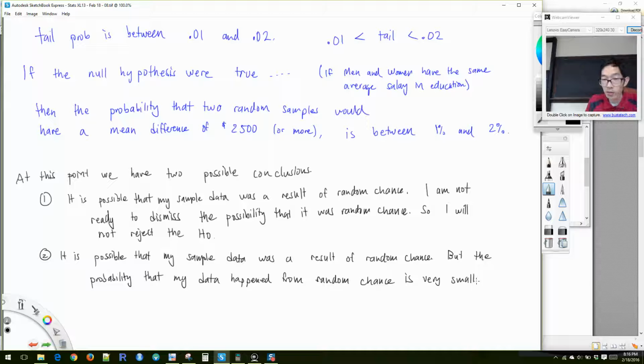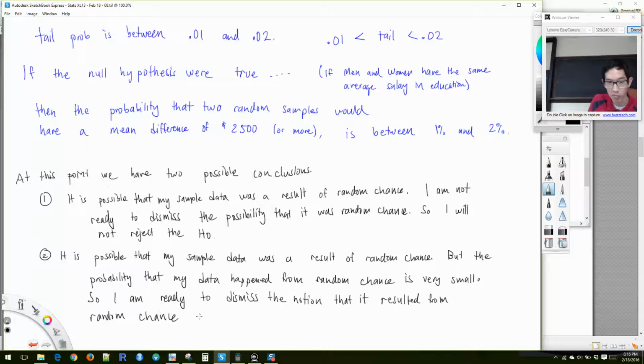So I am ready to dismiss the notion that it resulted from random chance alone. I will reject the null hypothesis.